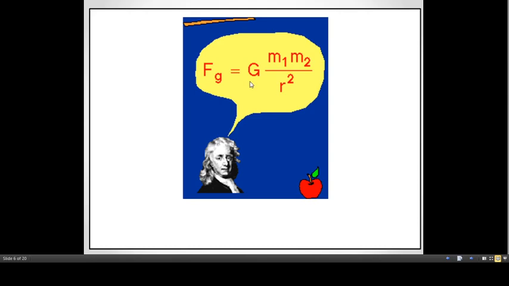This is nothing but Newton's law of gravitation. So what about this Newton's law of gravitation? Do you remember?